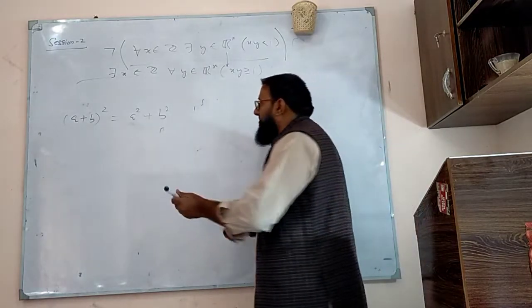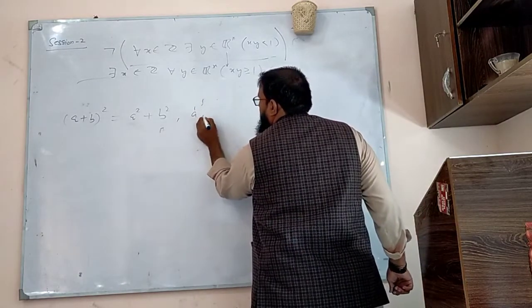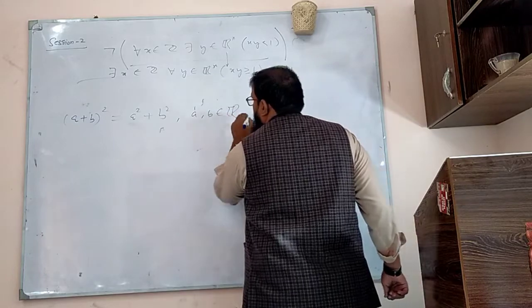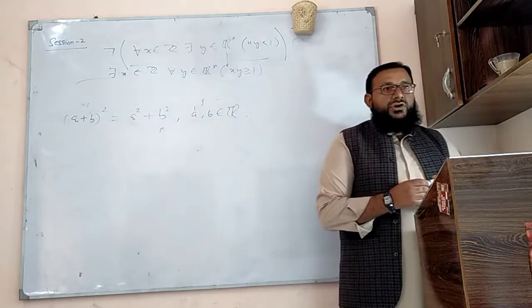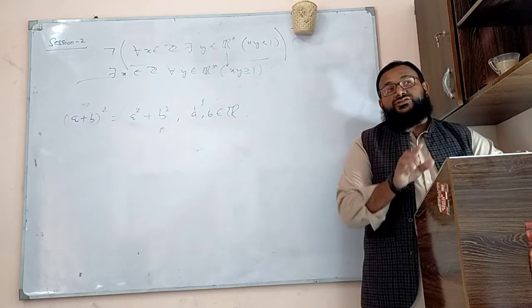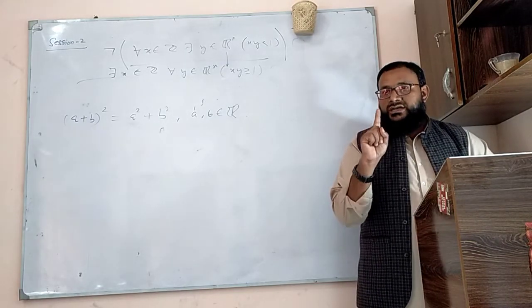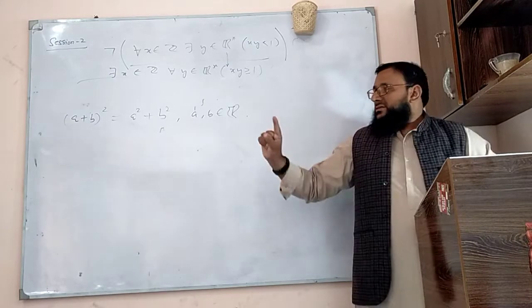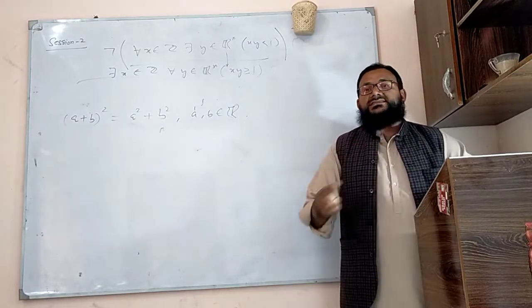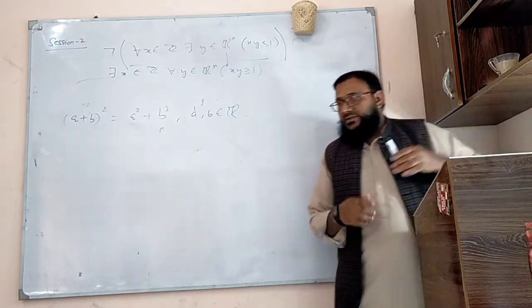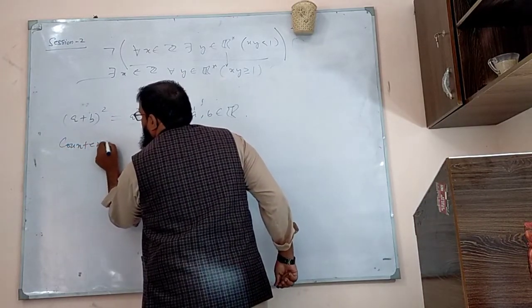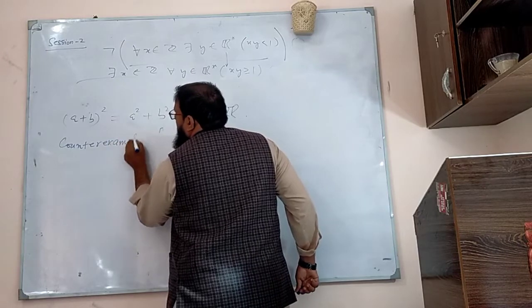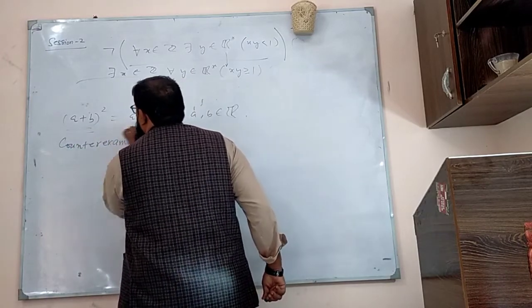But if I mention that A and B are real numbers and I want you to prove or disprove, you say, okay, this is wrong, we know very well, it means we have to disprove this thing. So you will provide only one example for which this does not hold, and that example is called a counterexample. A counterexample is just one example that shows that this side is not equal to this side.